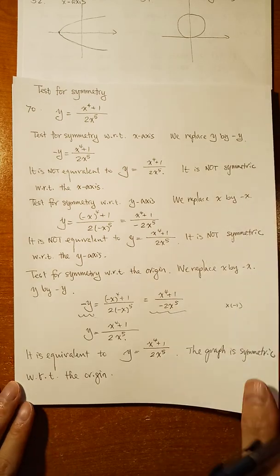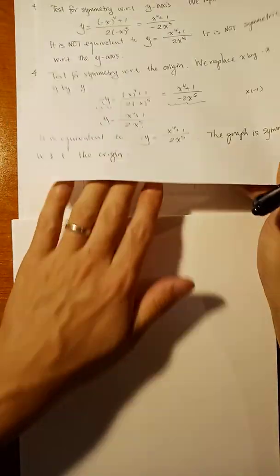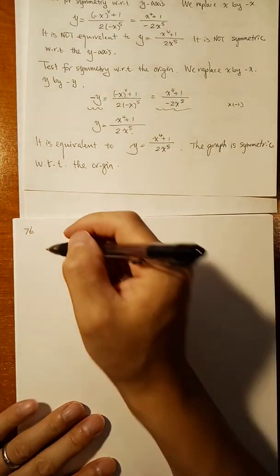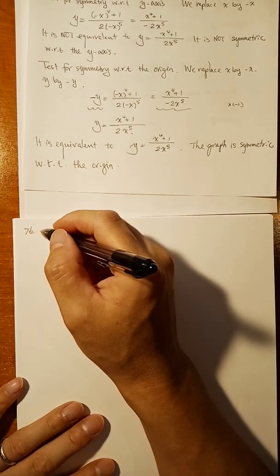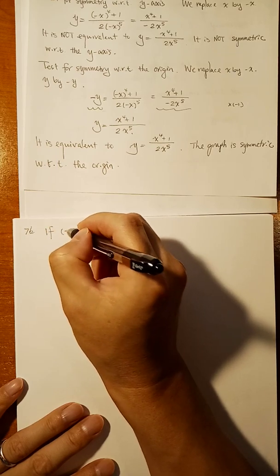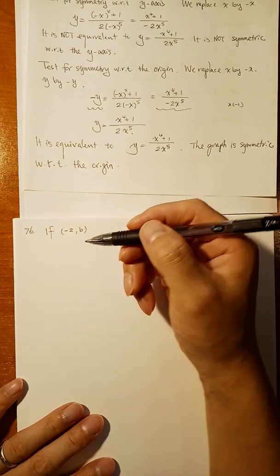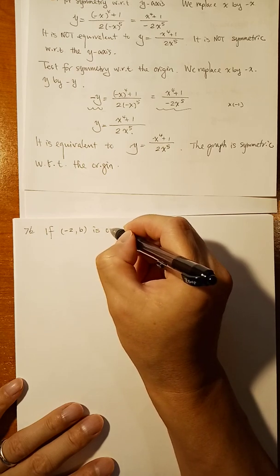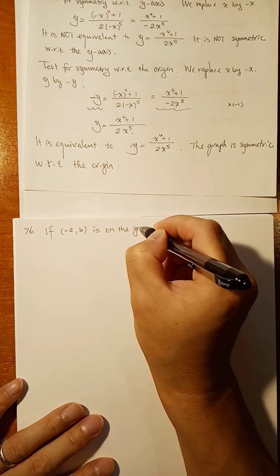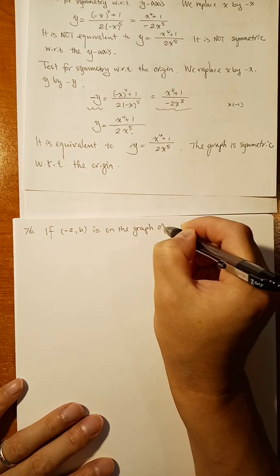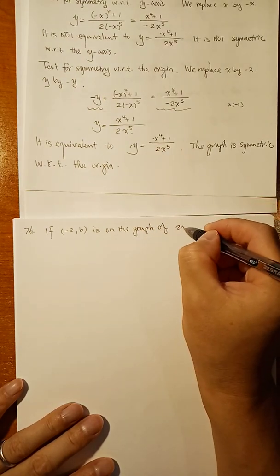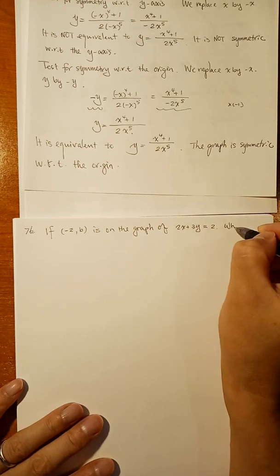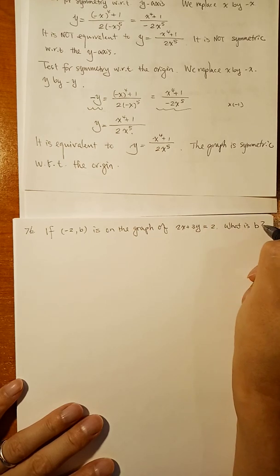So let's do more exercises. Let's see problem 76. For 76, the question is, if the point negative 2, b is on the graph of 2x plus 3y equal to 2, what is b?